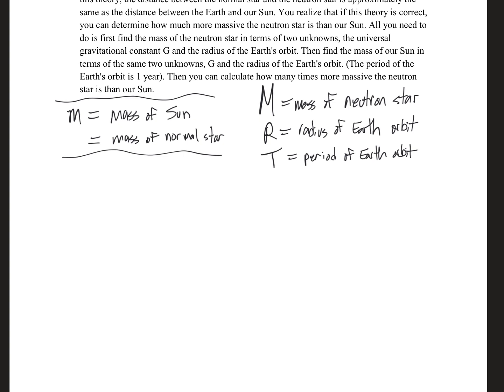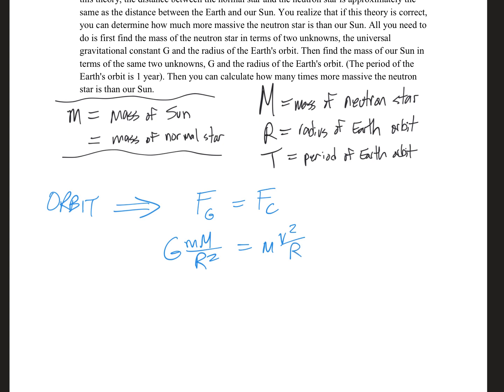All right, so concerning this orbit, I know that the force of gravity needs to equal the centripetal force, and that means one more time that G little m big M over R squared has to equal little m V squared over R. This is about the sixth time we've done this, which isn't surprising in a force, orbit, circular motion sort of thing.